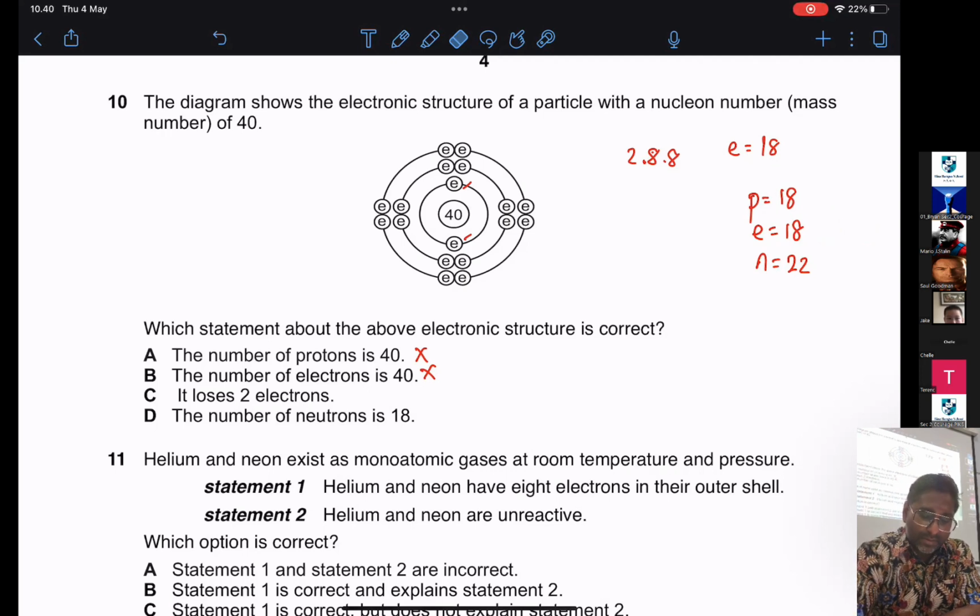Okay, hold on. The diagram shows electronic structure of a particle with nuclear number 40. Which statement about electronic structure is correct? Okay, 40, electron is 18, 2, 8.